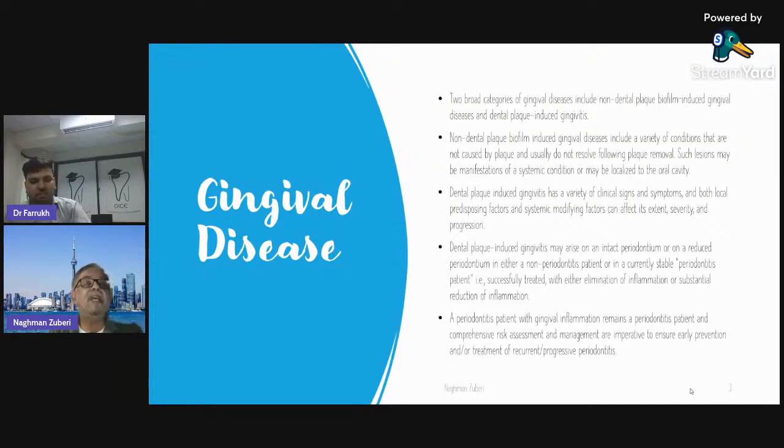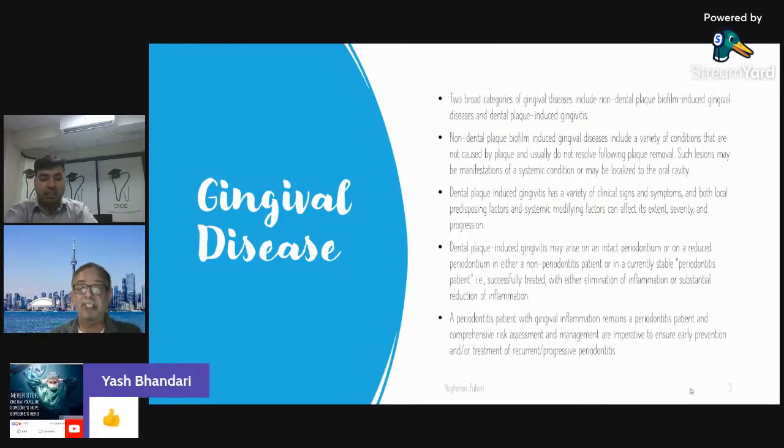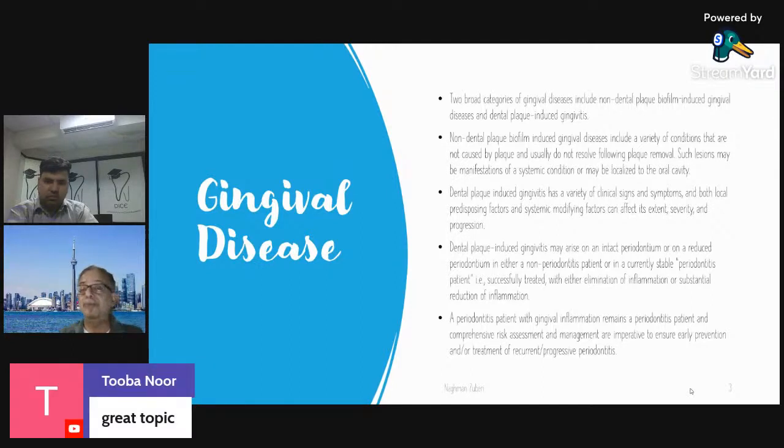Means where we have successfully treated the periodontal disease, we have eliminated the inflammation. So that inflammation is no more there. The patient is having a stable condition, but the periodontium is reduced.